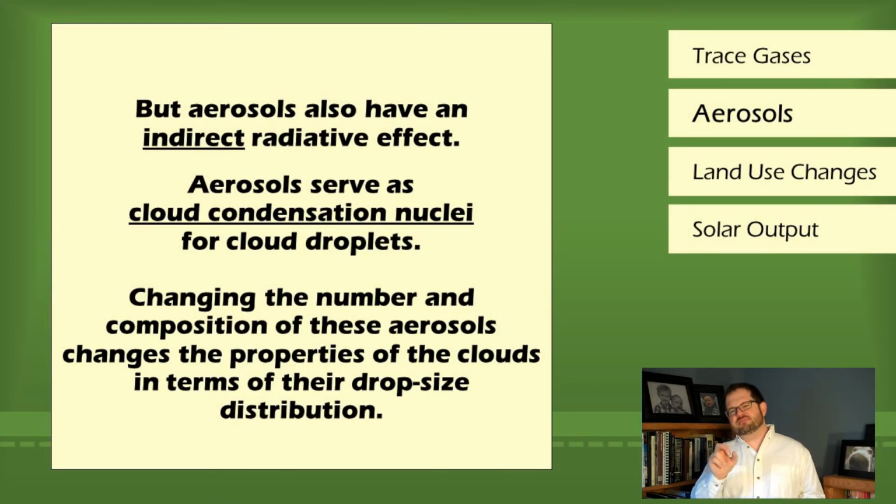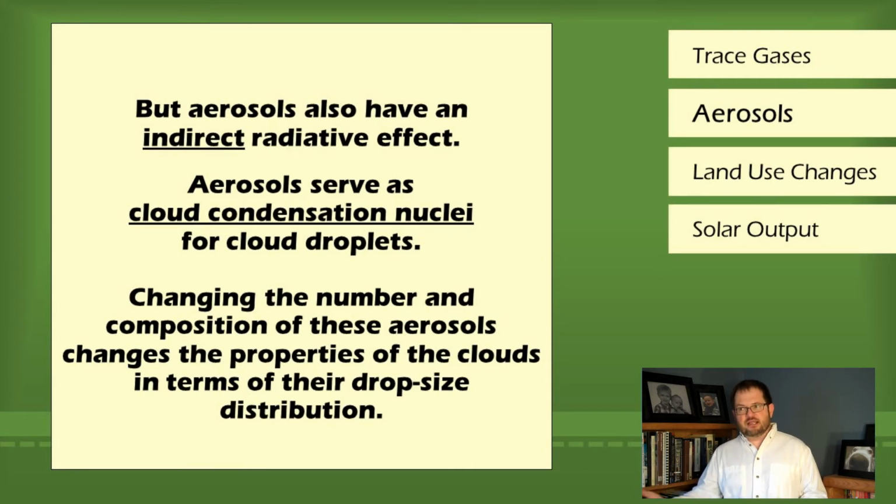See, the aerosols themselves, these tiny little pieces of dust in the atmosphere, each one serves as what in ATS 113 you'll learn is called a cloud condensation nucleus. Little drops of water form on these tiny aerosols in the atmosphere. If you change the number of aerosols, you change the distribution of how big the droplets are and how many of them there are inside a cloud.